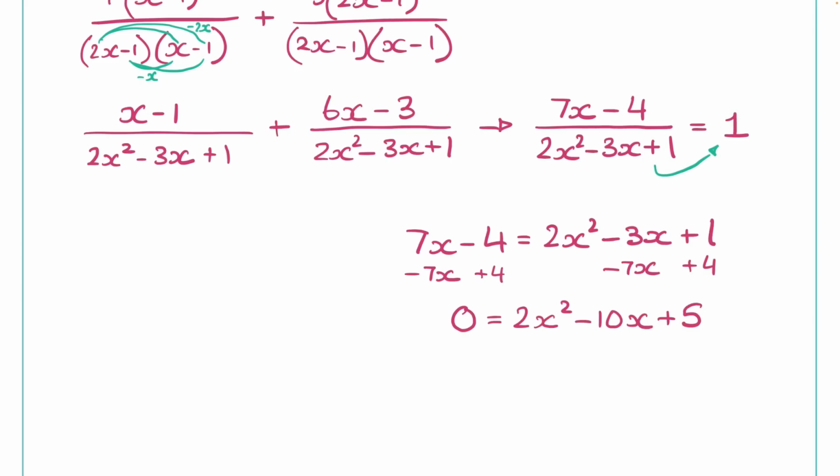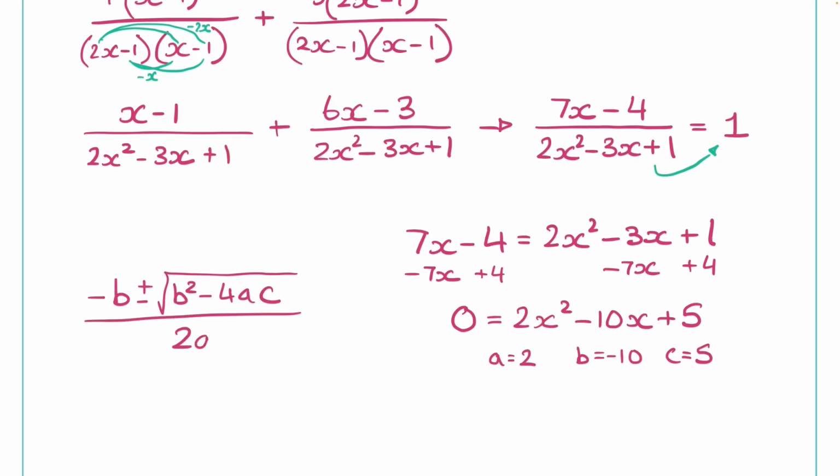Right, I've got my quadratic. It's equal to 0. I have a equals 2, b is equal to negative 10, and c is equal to 5. We can now put that into the quadratic formula, which is minus b plus or minus the square root of b squared minus 4ac all over 2a.